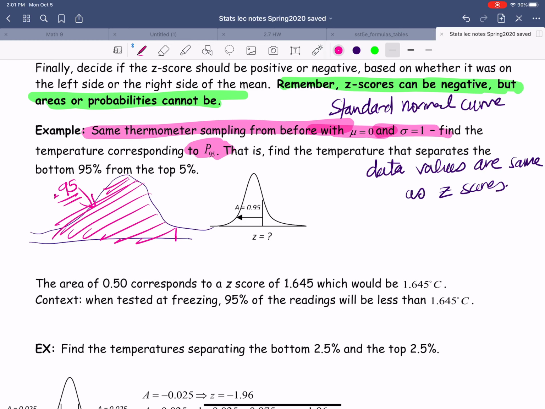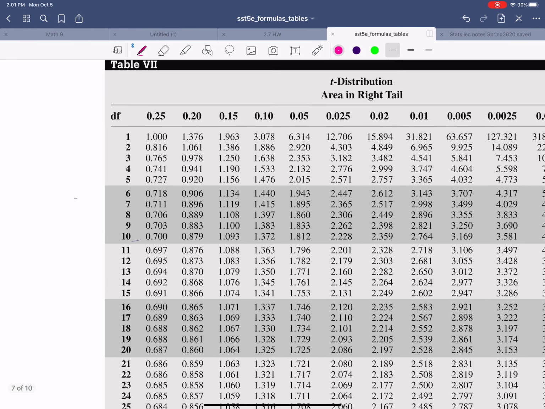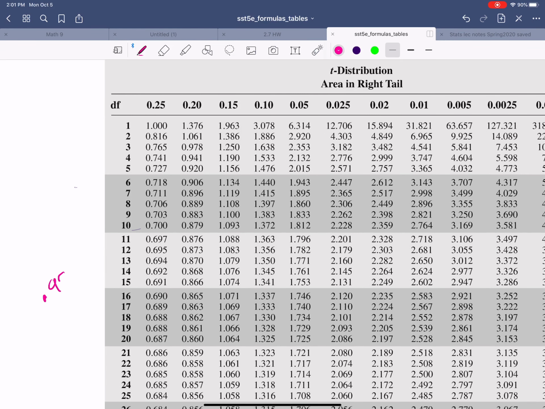So how do I find the z-score that has 0.95 area to the left? I'm going to go to the table and find 0.95. Because I'm only given 0.95, I can always make it 4 decimal places because the area is always given in 4 decimal places in here.